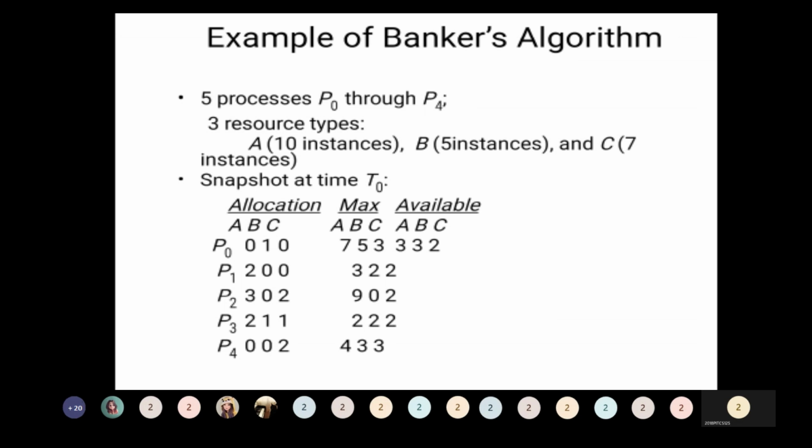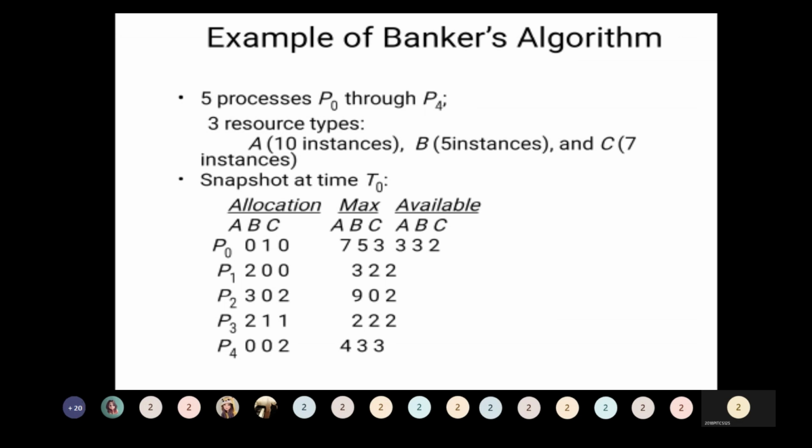So for P1 it is 3 minus 2 is 1, 2 minus 0 is 2, 2 minus 0 is 2. Similarly P2: 9 minus 3 is 6, 0 minus 0 is 0, 2 minus 2 is 0. P3: 2 minus 2 is 0, 2 minus 1 is 1, 2 minus 1 is 1.